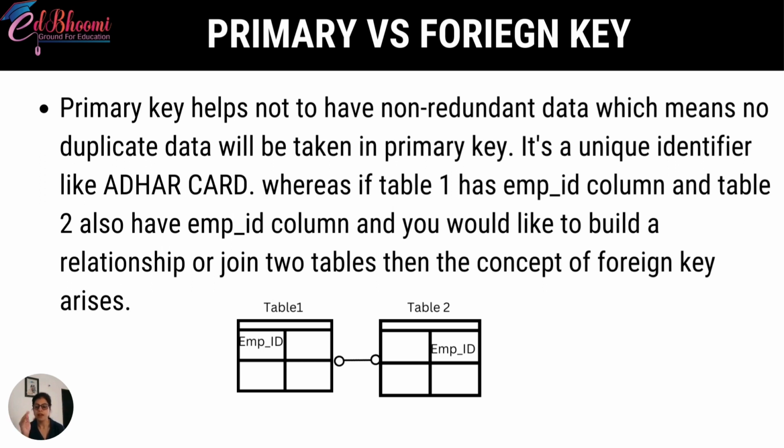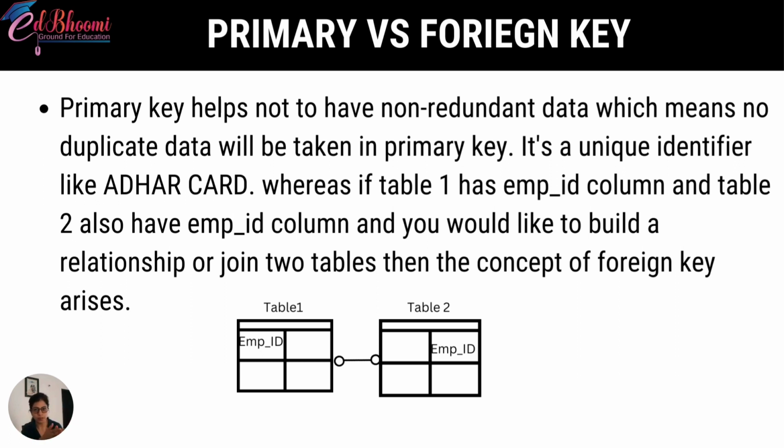Whereas if we have one table which has employee ID and another table which also has employee ID, and we would like to build a relationship or join those two tables, then we need the concept of the foreign key. For example, table 1 has employee ID, which you have set as a primary key to make it a unique identifier. Then in table 2 there is also an employee ID, because you need to build a relationship.